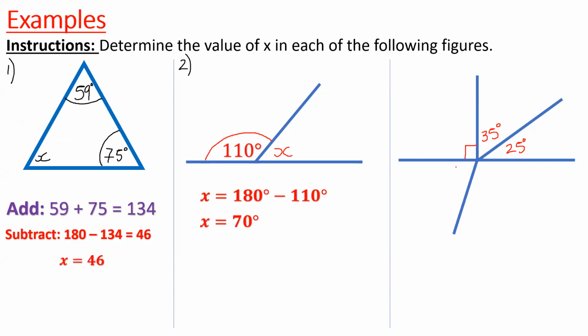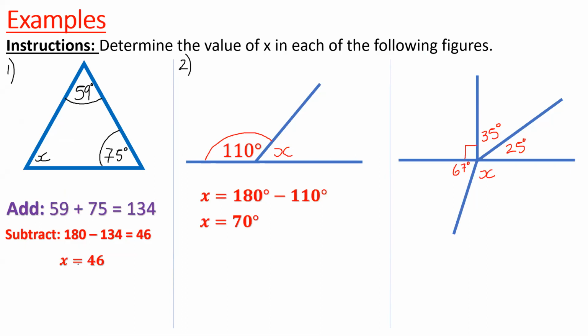Let's say that this is 67 degrees. Let's say that this is x, because we need x. All right, so this is number 3.